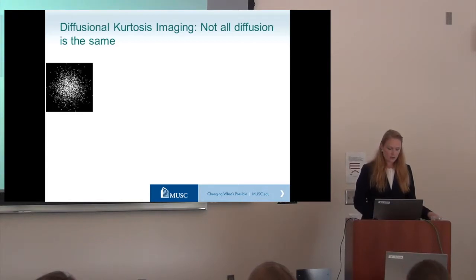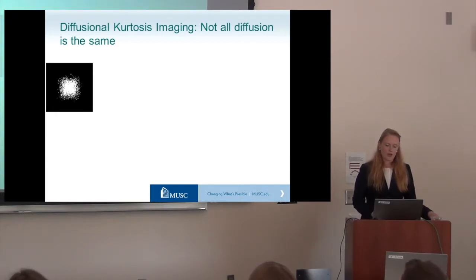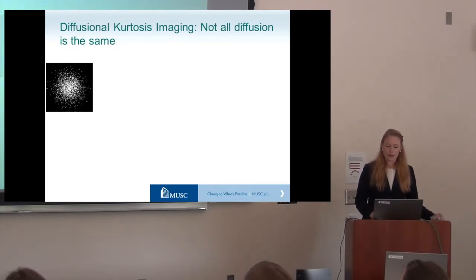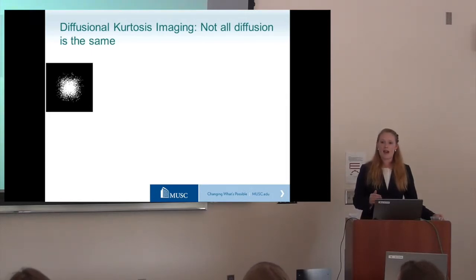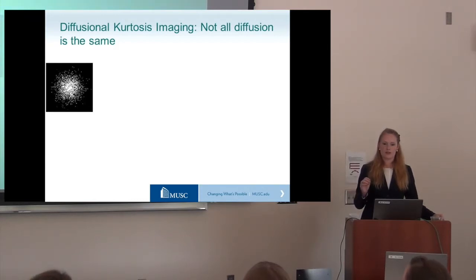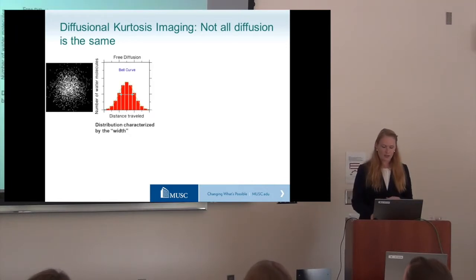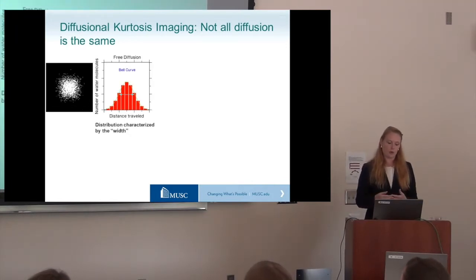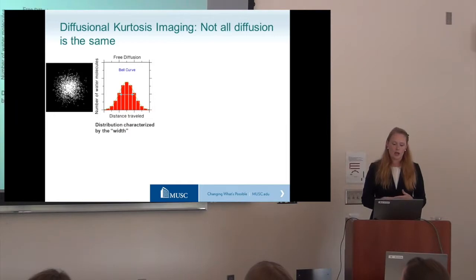Here on this little video, you see an example of water just diffusing freely without barriers. This is something we call free diffusion or Gaussian diffusion. If you would make a little map of the distance these molecules travel versus the amount of molecules that travel that exact distance, you would get a nice bell curve or a normal distribution.